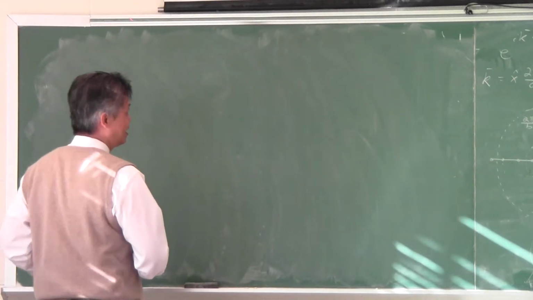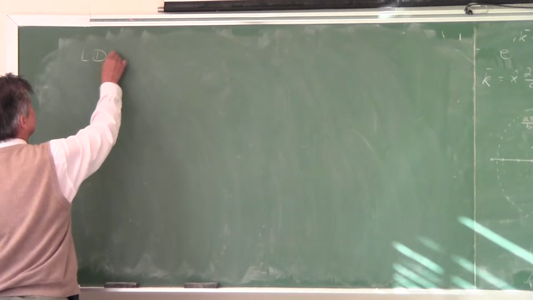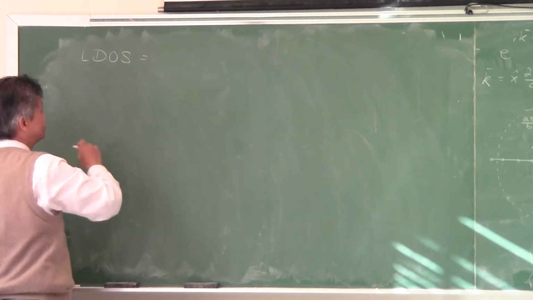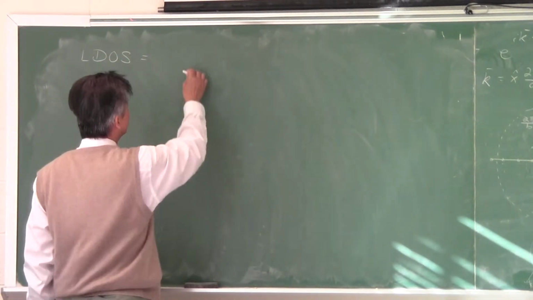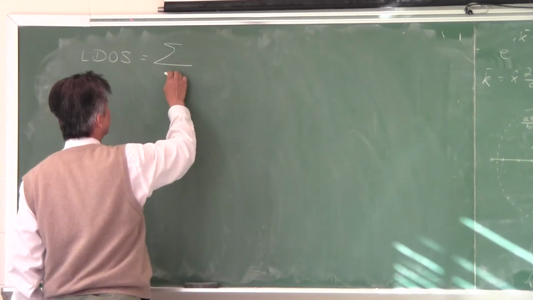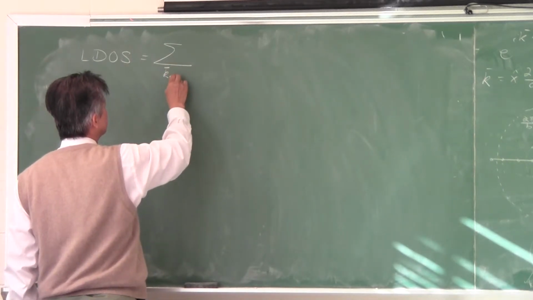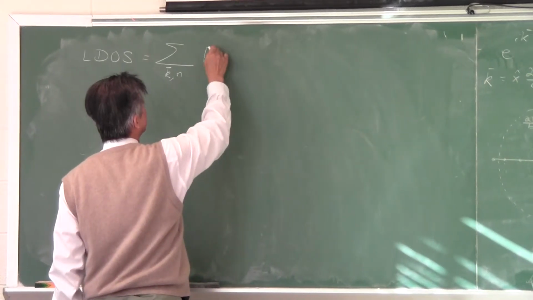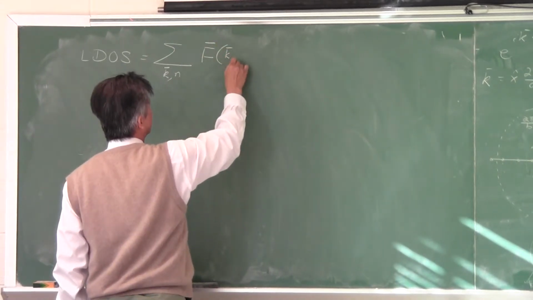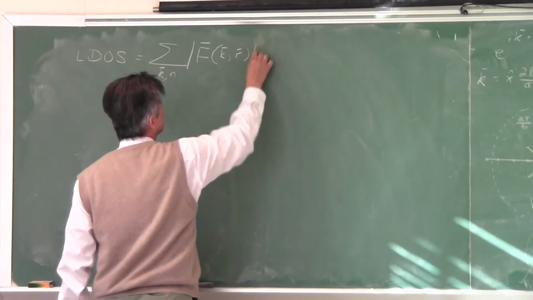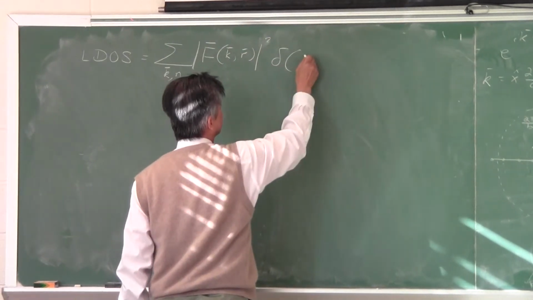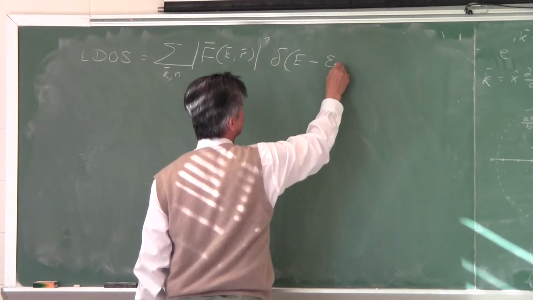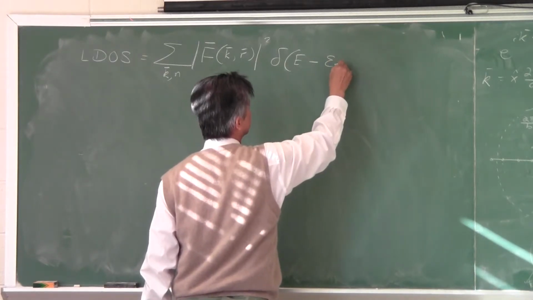There's another concept called the local density of states, and that is given by augmenting this equation with delta E minus epsilon k n.